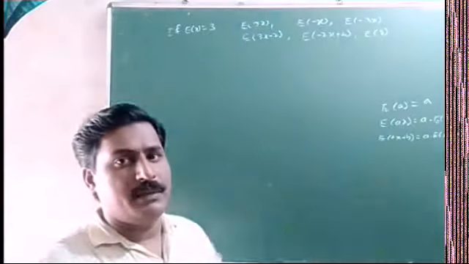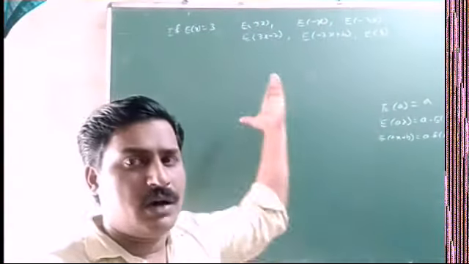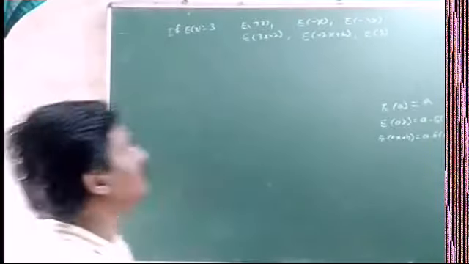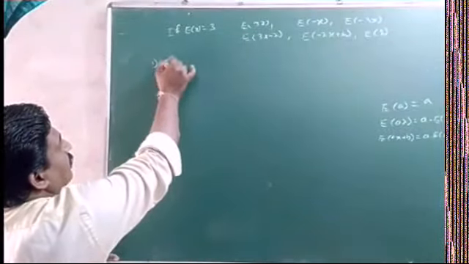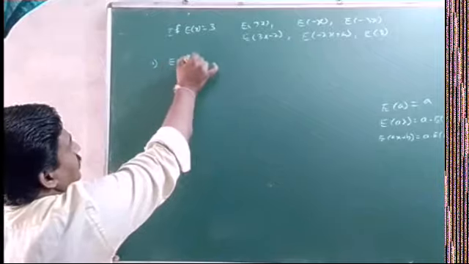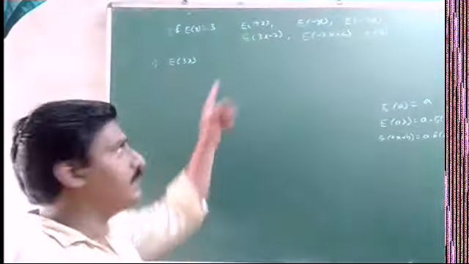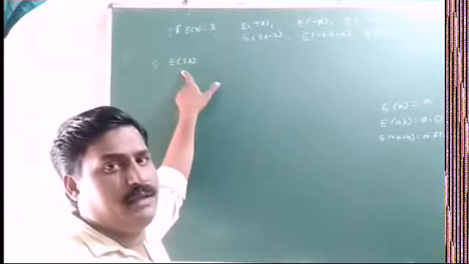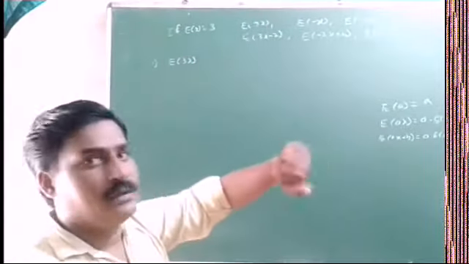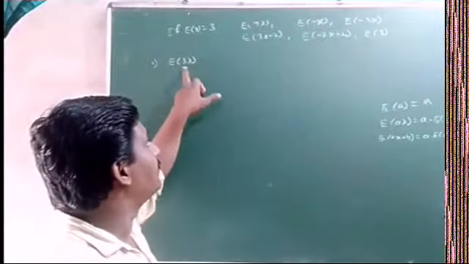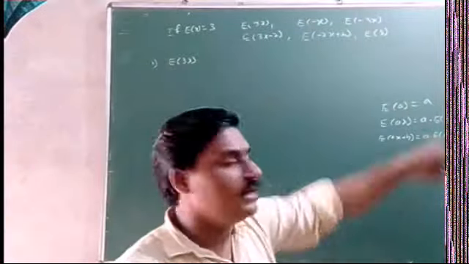If you remember these three, you can solve all of them. Just look here. First one, E of 3x. So 3 is the constant value a here. E of a is equal to a, but E of ax is there now. E of ax, that is 3x, that is a into E of x.